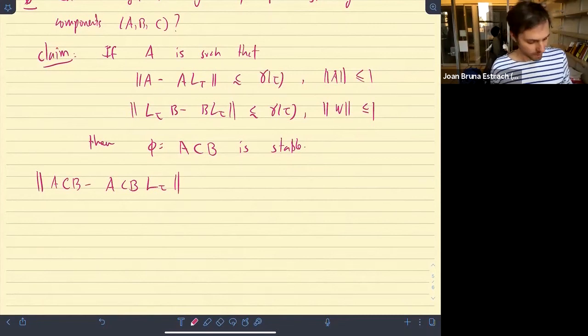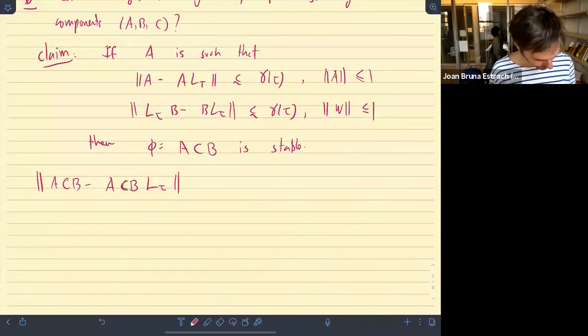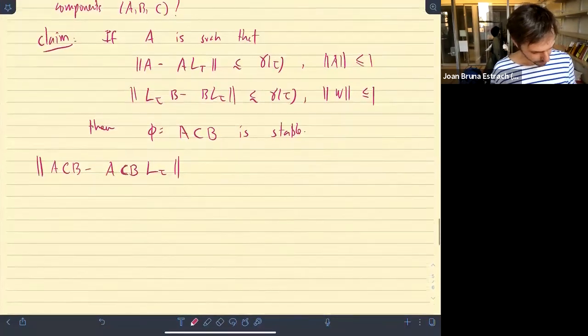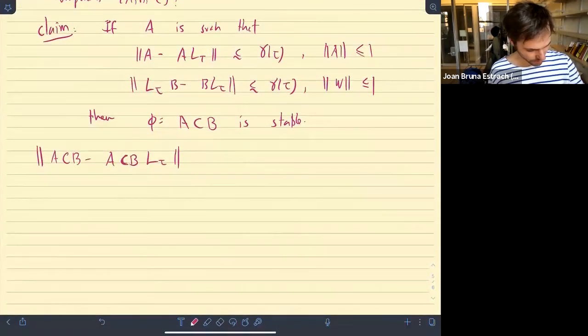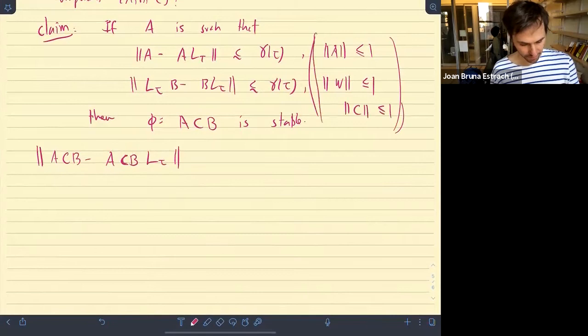What we can do, right, is we can start using the assumptions. Okay. Just make sure that everything is contracted here.